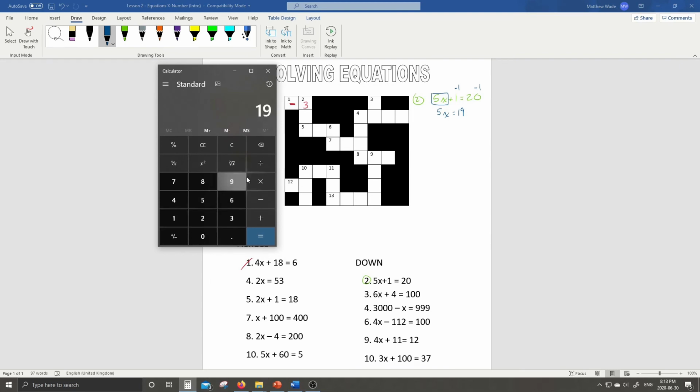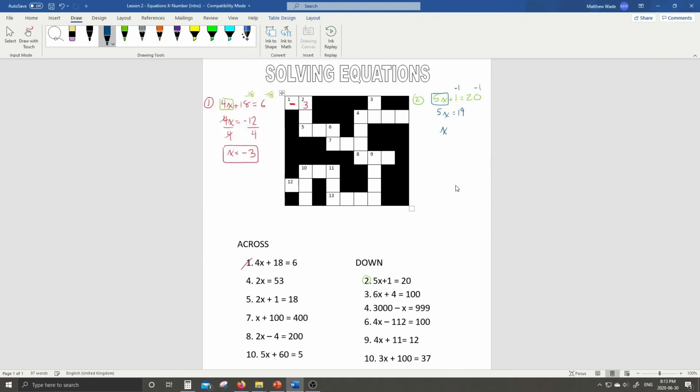It's 19 divided by 5, which is going to be 3.8, which is cool. So the answer to the blue one we just did is 3.8. Cool. You had to use your calculator though on that one, so I hope that that's okay.